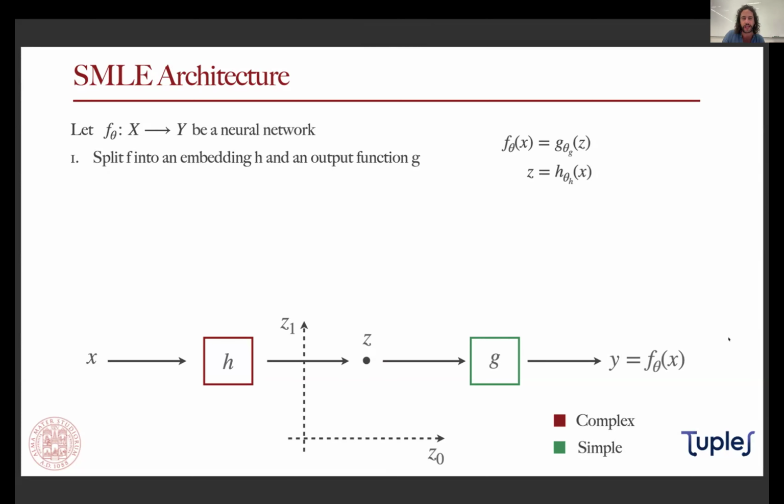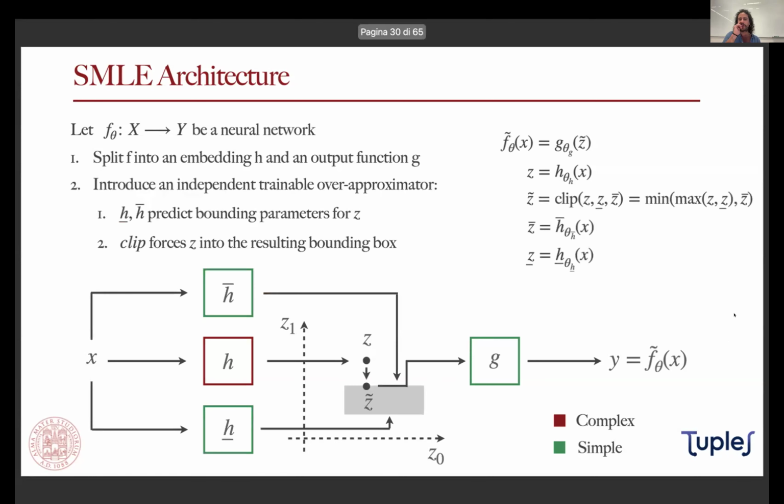So intuitively, we are detaching the last few layers, or even the last layer, which might be linear, from the rest of the neural network. So you have a very deep and complex component H concatenated with a much simpler component G, okay?